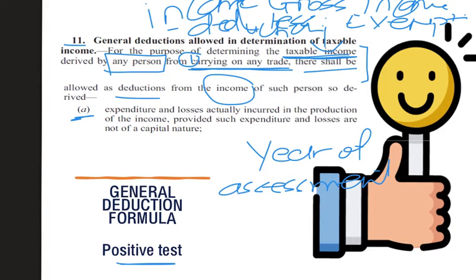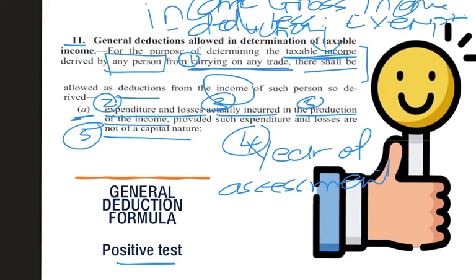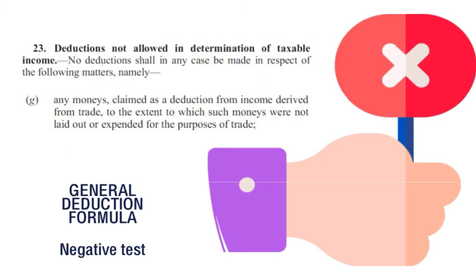So derived, expenditure and losses actually incurred, okay, that's important, technically during the year of assessment, in the production of income, provided that such expenditure and losses are not of a capital nature. So my positive test, section 11A, basically tells me what will be allowed as a deduction for normal tax purposes.